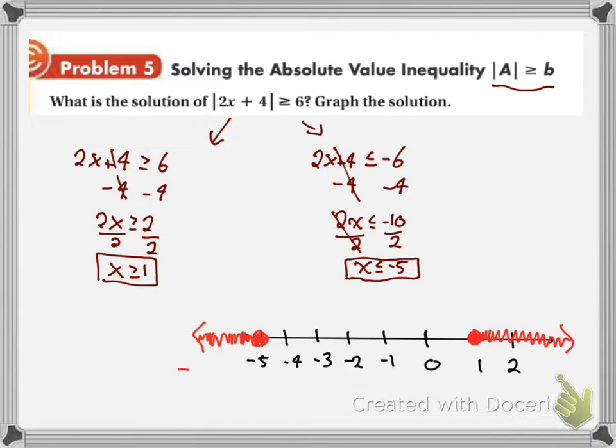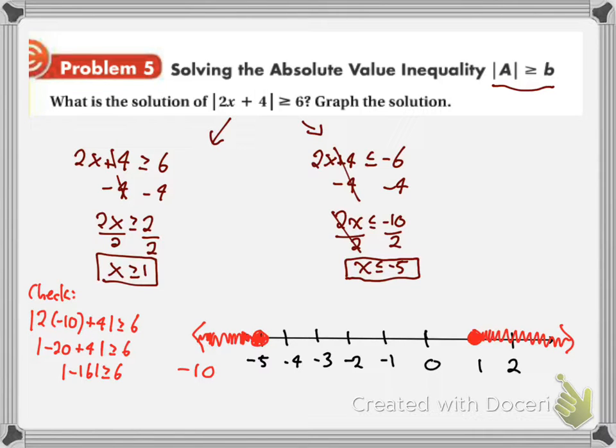Now again, to check to see if this is good to go, let me check something way out to the left, like negative 10. I'll plug it in here for x. And from here, even though this is negative 16, remember it's the absolute value.